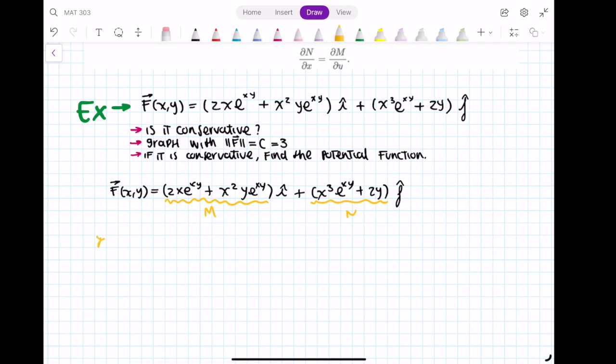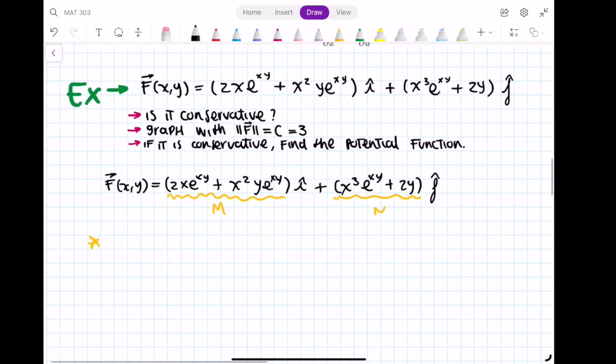So we can start with the partial of M with respect to y.